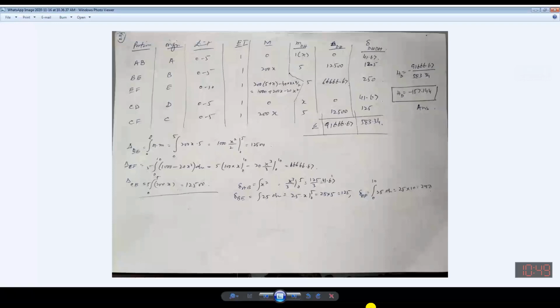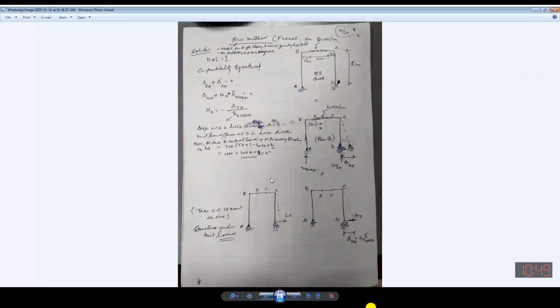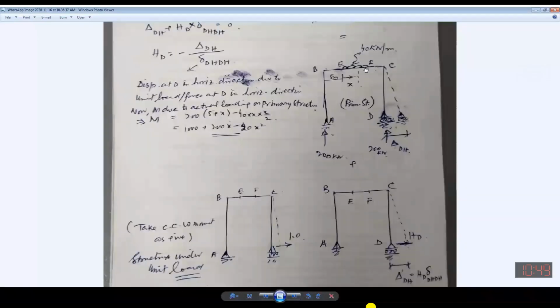Okay. So this is for the portion BE. Then for EF, you can see this is written over there. How this can be calculated for portion EF. For EF, if I take origin at E, now this 200 is passing through this limb, and it is acting at this point in the form of shear force.